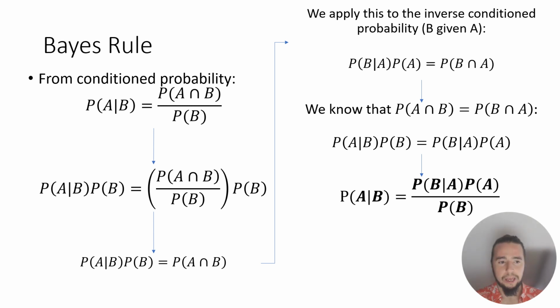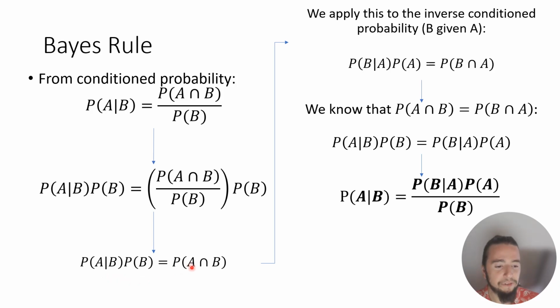Okay, so now we will have this simple development to apply to Bayes rule, so just follow me. We have this conditional probability formula, and we can start operating with that. For example, we can multiply the probability of B to both members, so we can simplify these two to get something that we already knew.